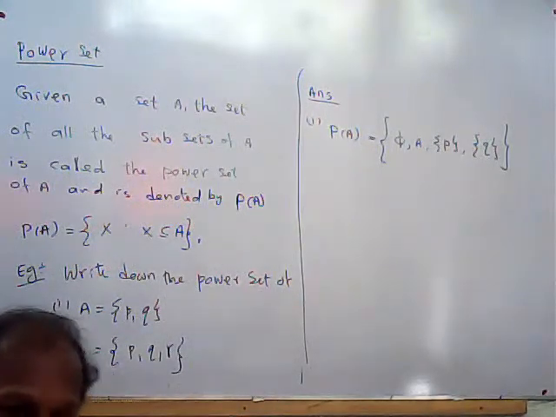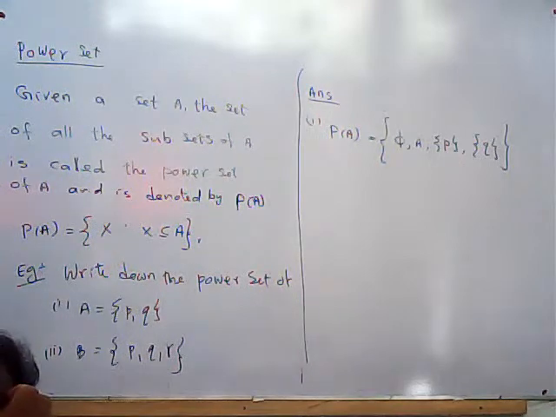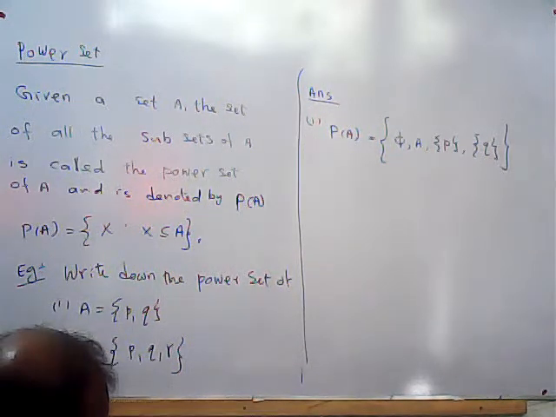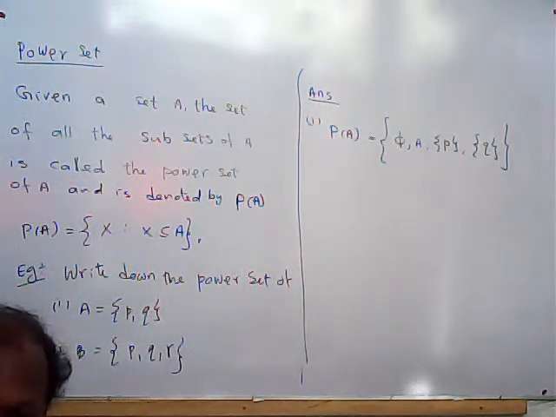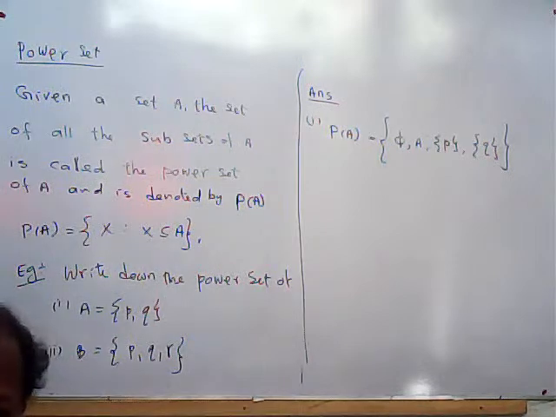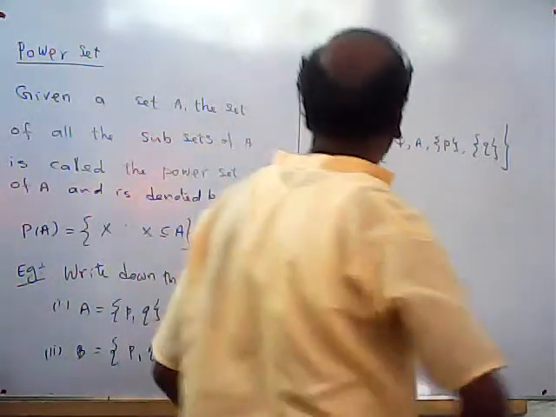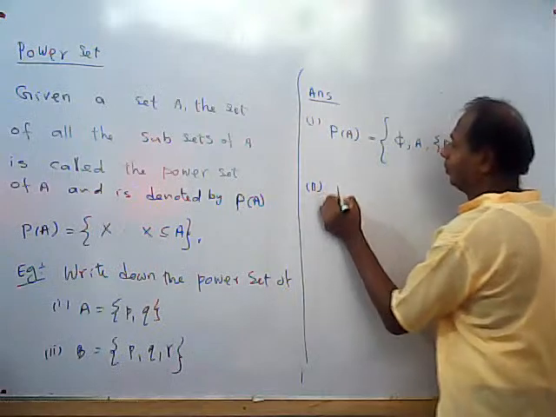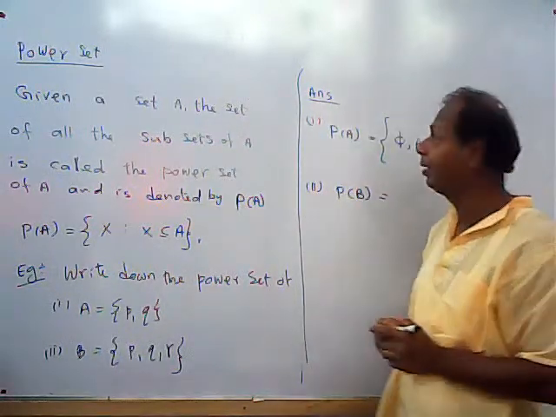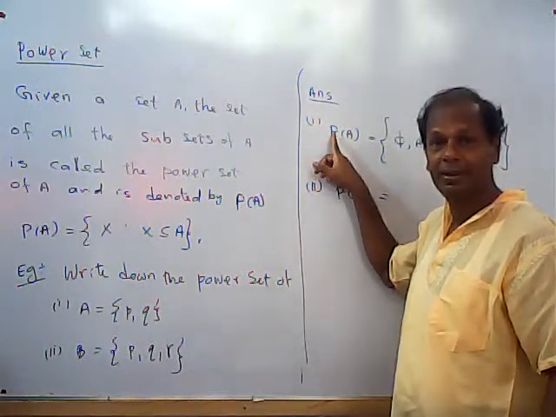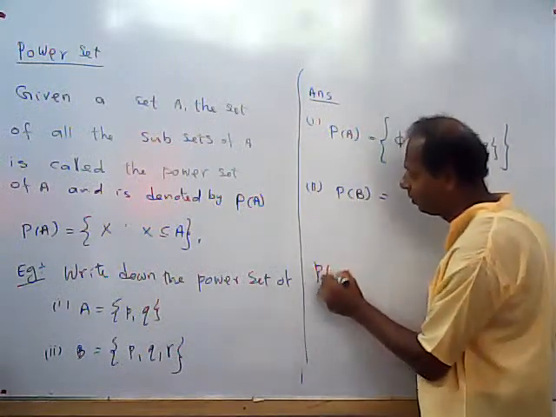Power set of B. So when you write power set, remember this has to be capital P, not simple P. Simple P is written for probability.